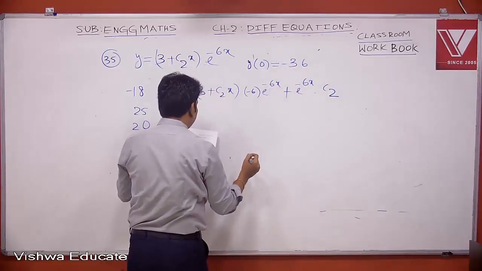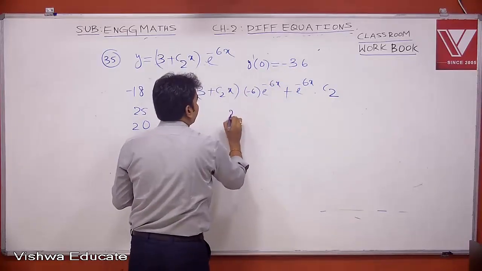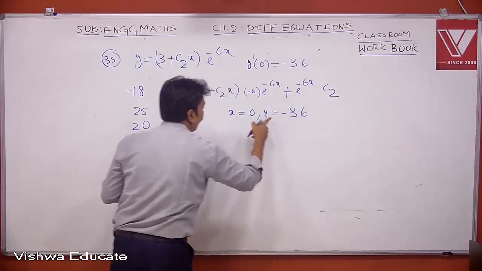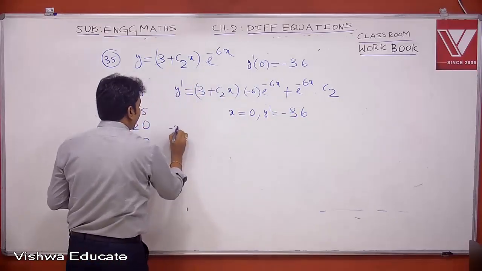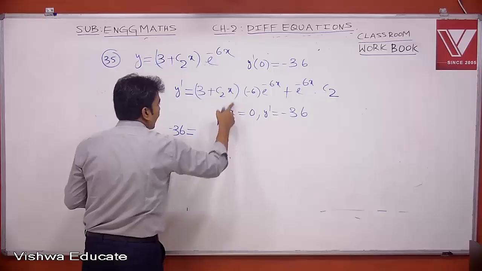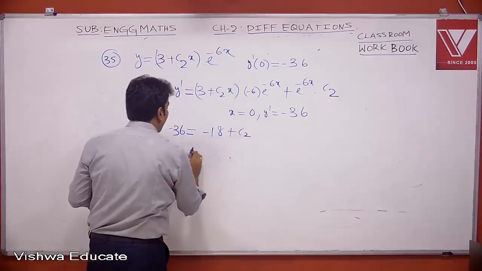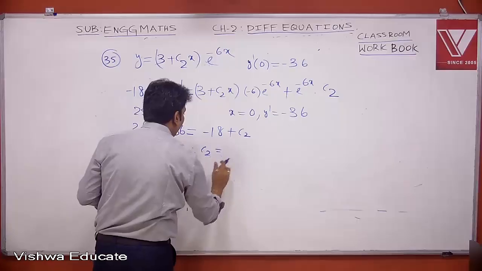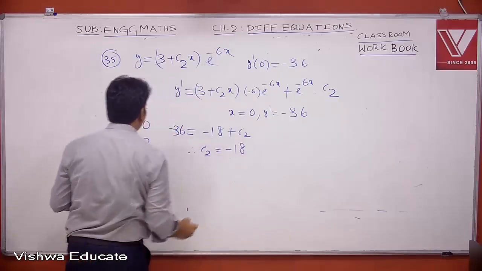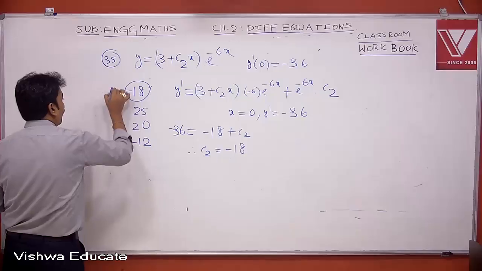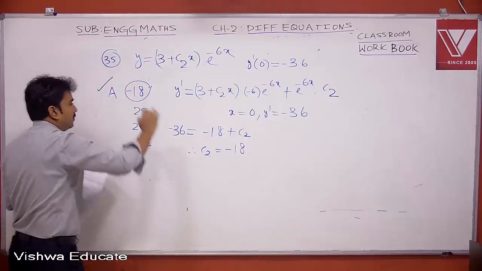That means when x is 0, y dash is minus 36. Replace these values in this. So minus 36 equals, x value 0, so minus 18 plus c2. Therefore c2 equals minus 18. So only in option A we have c2 as minus 18. So option A is the right answer.